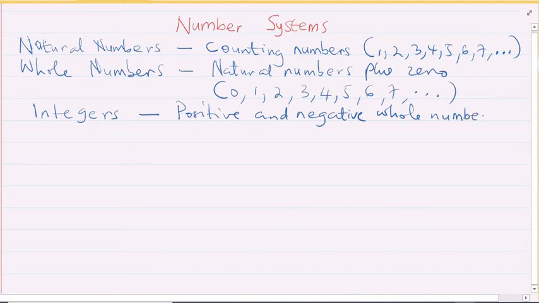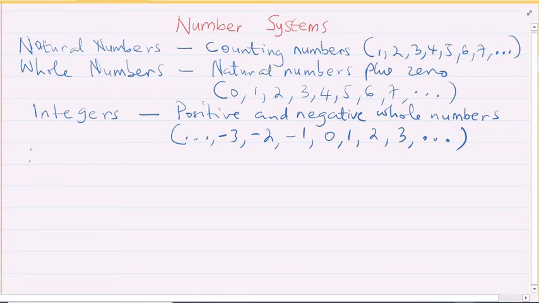If I put them in a set, I'll have them this way. Let me say from -3, -2, -1, 0, 1, 2, 3, and so on. So integers are positive and negative whole numbers.